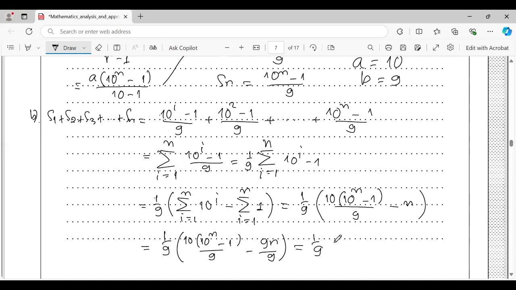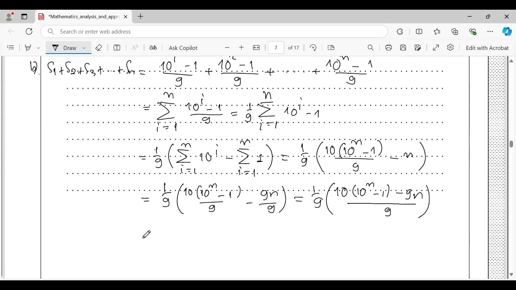We can simplify it to 10 multiplied by 10 to the power n minus 1 minus 9n over 9, and then 9 times 9 is 81.